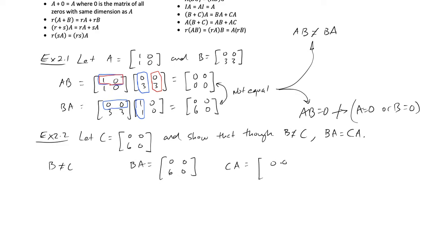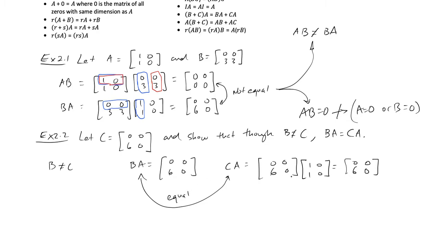So we have [0, 0; 6, 0] times [1, 0; 1, 0]. First row, first column is 0. First row, second column is 0. Second row, first column is 6. Second row, second column is 0. And these do match.